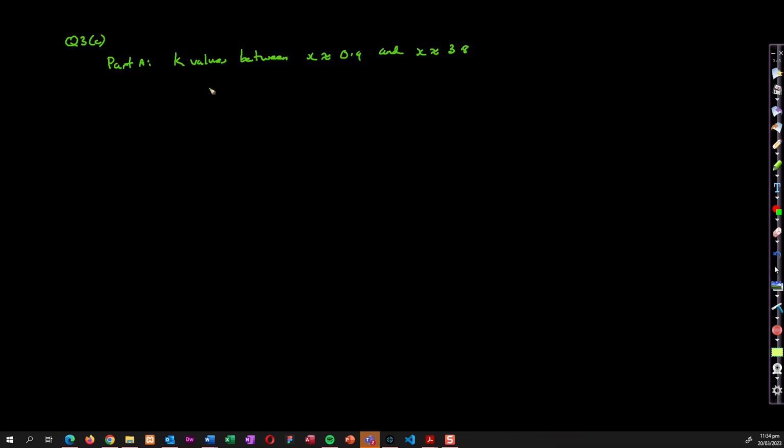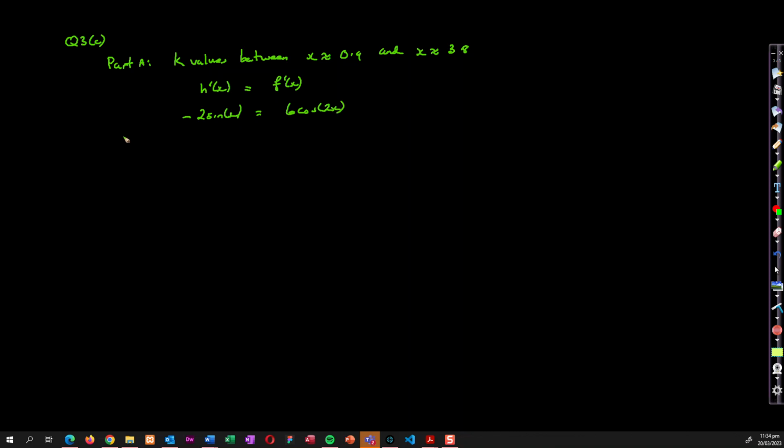That was when the gradient of function h was equal to the gradient of function f, and that was this: -2 sin x was equal to 6 cos 2x.